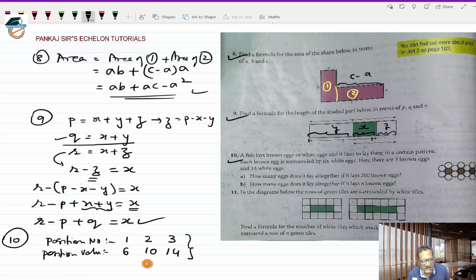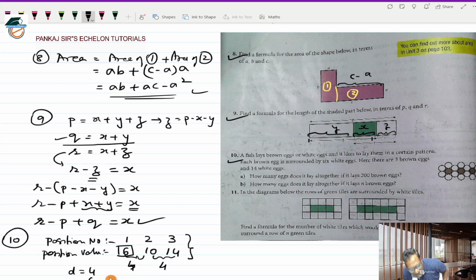Now this is an arithmetic sequence. Why? Because this difference 10 minus 6 is 4, and this difference 14 minus 10 is also 4. So you get a common difference d equal to 4. And this is the first term, that is 6, so you can take a equal to 6, right?